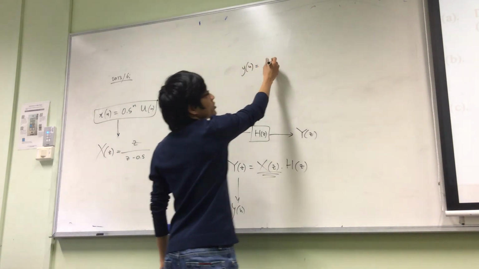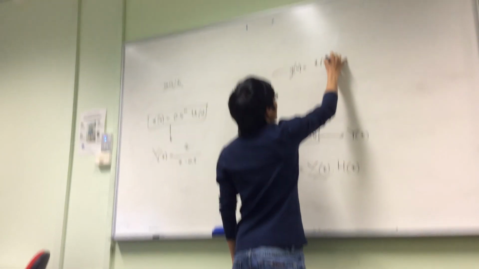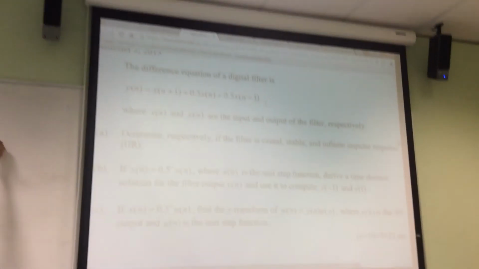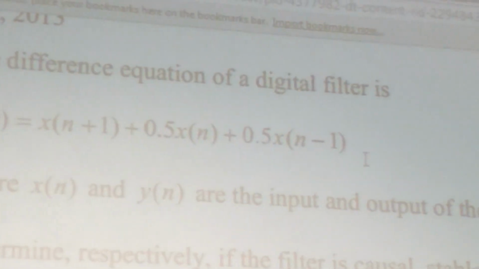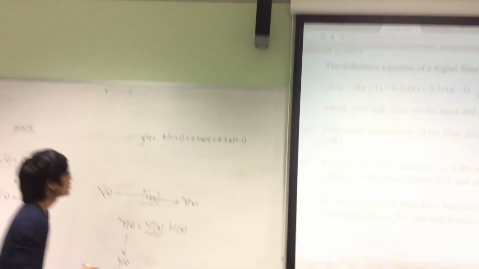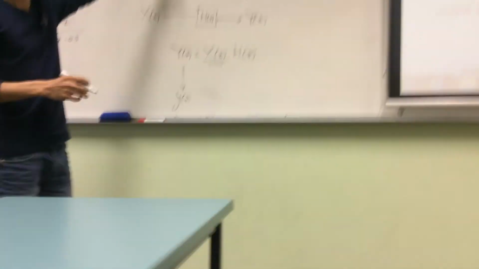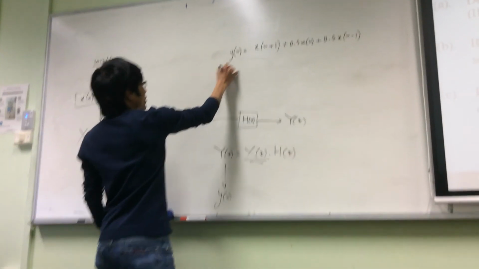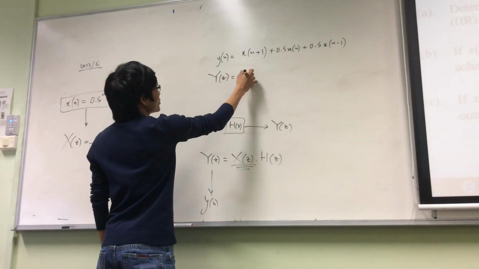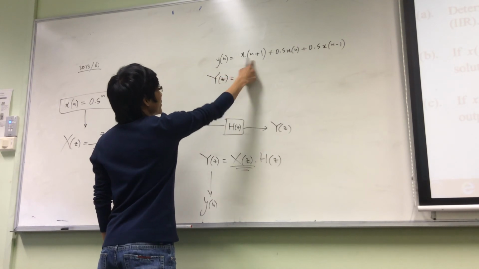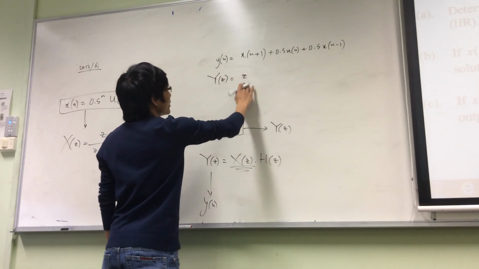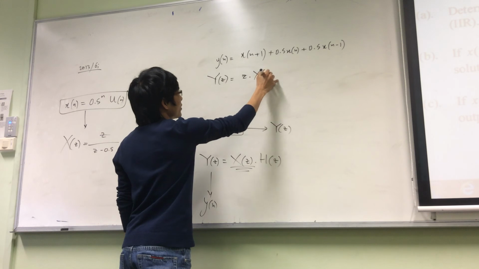yn equal to z plus 1. This is the transfer function of the output. Right, so if you do the z transform on both sides, you get Yz equal to z, z to the power of minus 1 plus 1, we don't need.